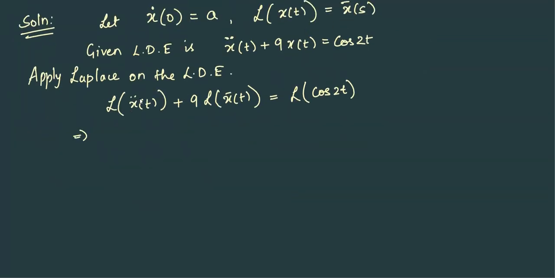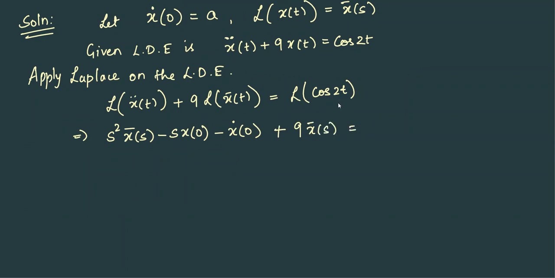So this gives us s square x bar of s minus s x of 0, this is known to us, minus x dot 0, this is unknown to us, plus 9 times x bar of s.